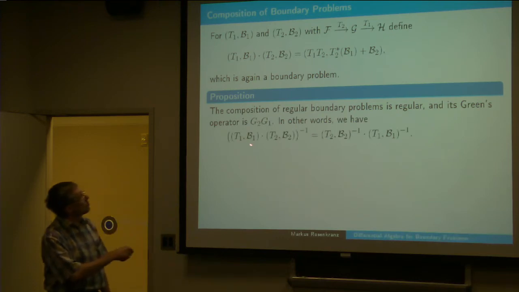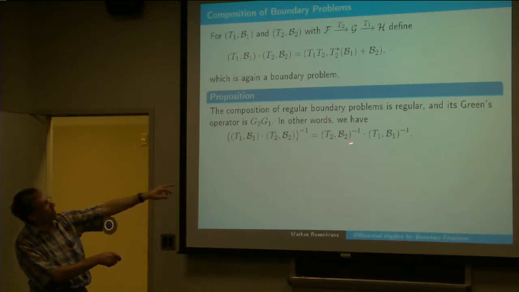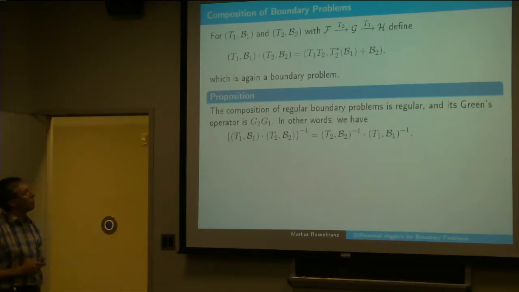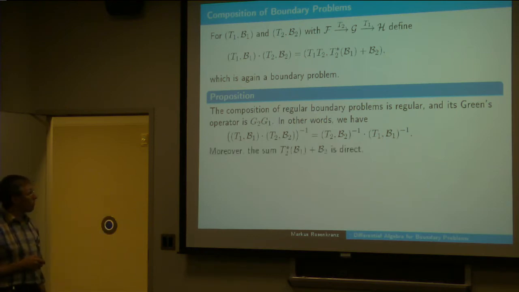That means, using the notation from before, the Green's operator of the product is the Green's operator of the right factor times the Green's operator of the left factor. So it's what you would expect, the so-called reverse order law. I will come back to that later tomorrow. And also the sum, which appears here in the definition, is a direct sum.